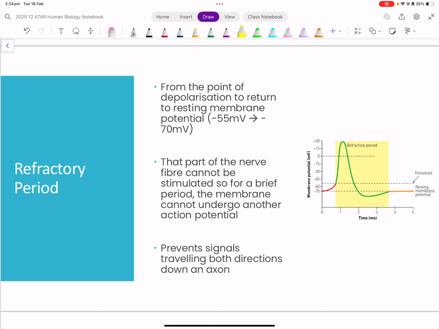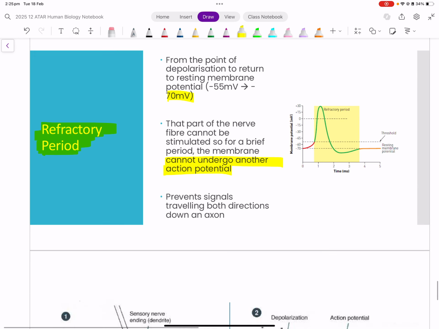Because when the cell has undergone depolarization, it can't undergo another action potential until it returns to that resting membrane potential of negative 70 millivolts. So during that time, it cannot undergo another action potential, and that helps prevent signals from travelling both directions down an axon. This is sometimes also known as the refractory period, the period in between 2 action potentials.